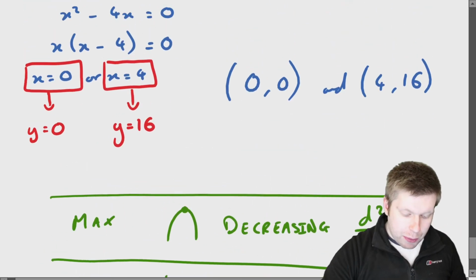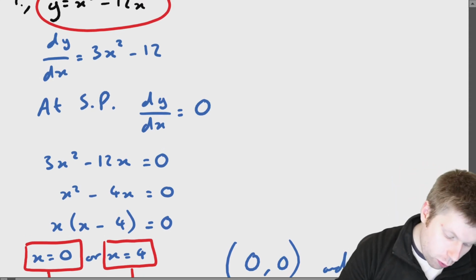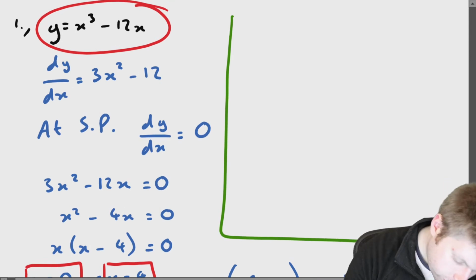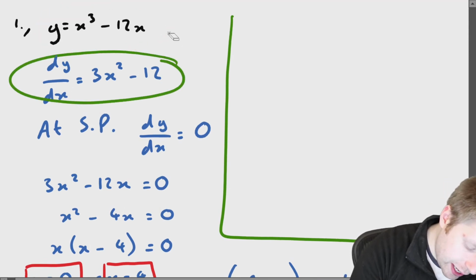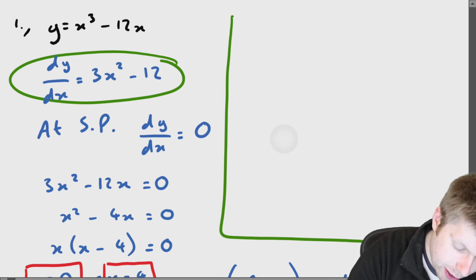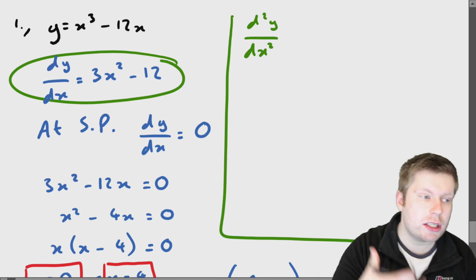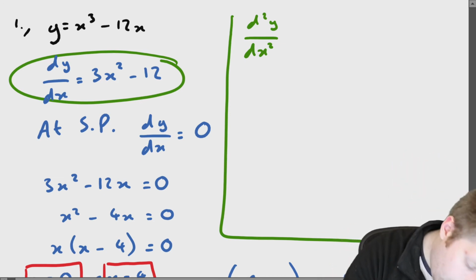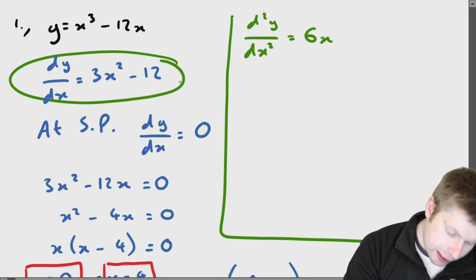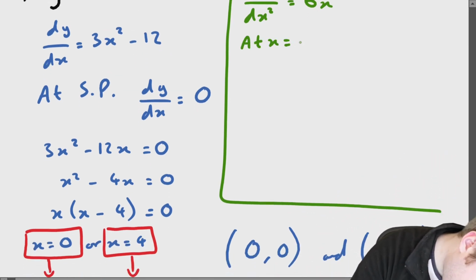So let's see what's happening with our situation here. I'm just going to write dy by dx up here for the sake of space, so you've got it all together. My gradient function for this particular curve is 3x squared minus 12, which means that d2y by dx squared, the rate of change of my gradient, is equal to 6x. Now I just need to consider each of my stationary points. My first stationary point occurred when x equals 0.